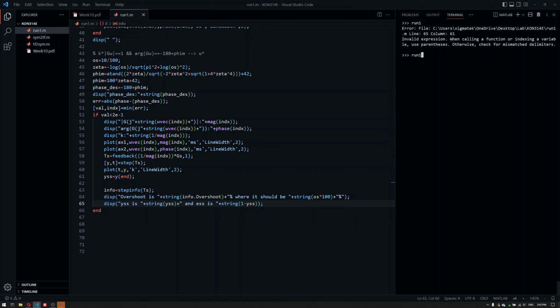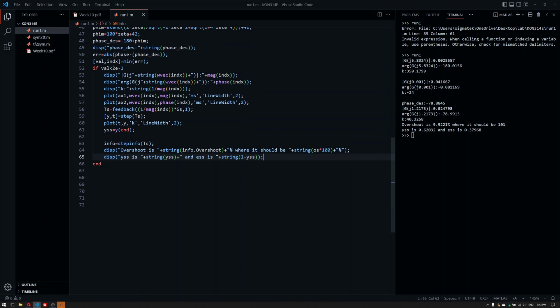Save that. Run it again. There we go. It is 0.37968. So what we need to do is reduce it by tenfold.